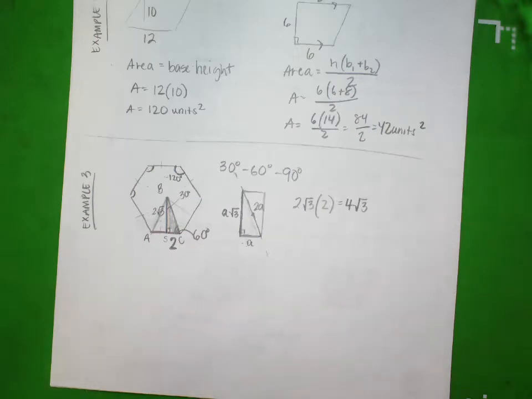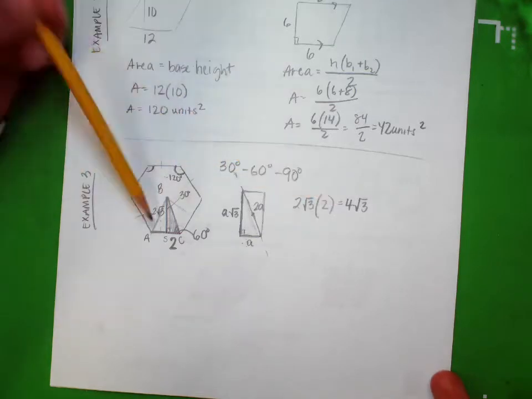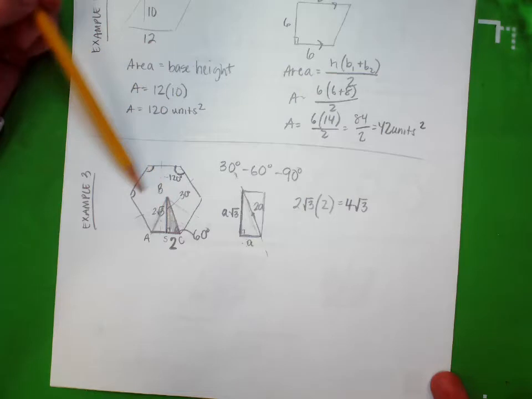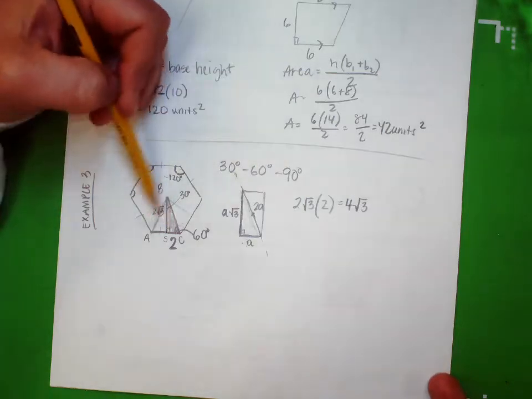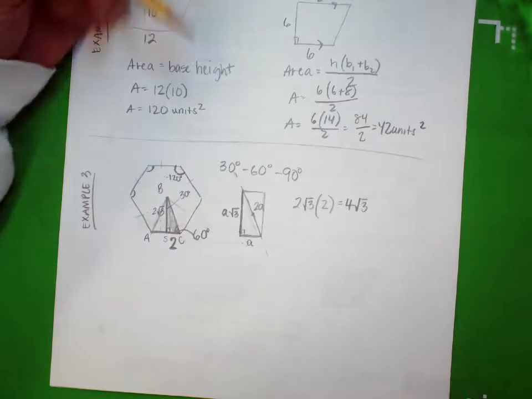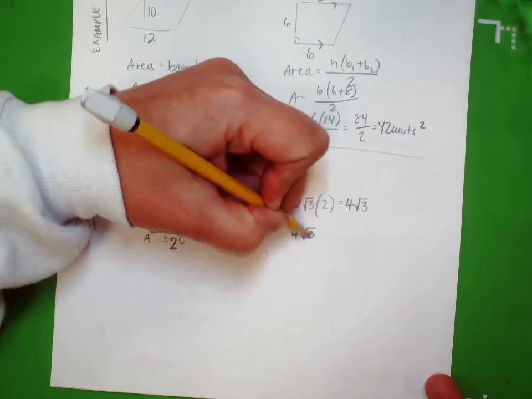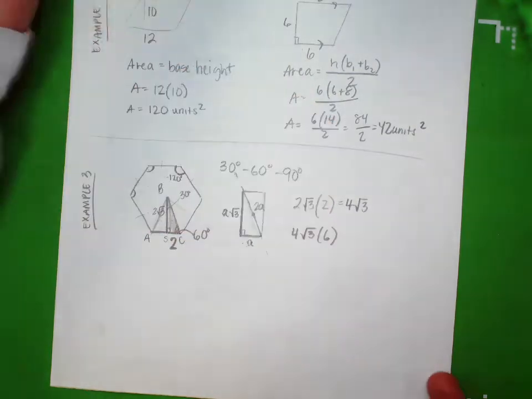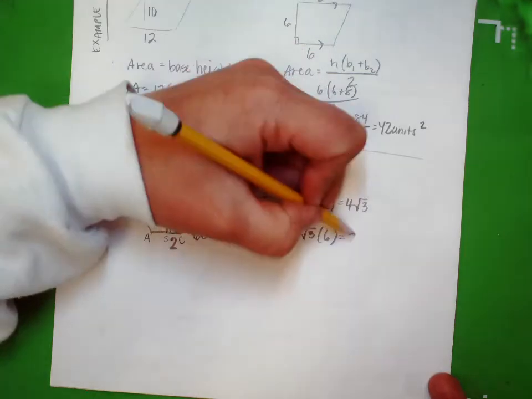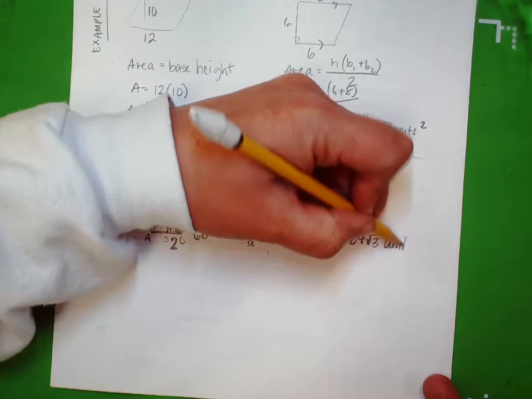From there, we multiply by 6 because we have 6 of those. So the area of this thing right here is 4 times the square root of 3. And then we multiply that by 6. So 4 times the square root of 3 times 6. And we get 24 square roots of 3. And that would be units squared.